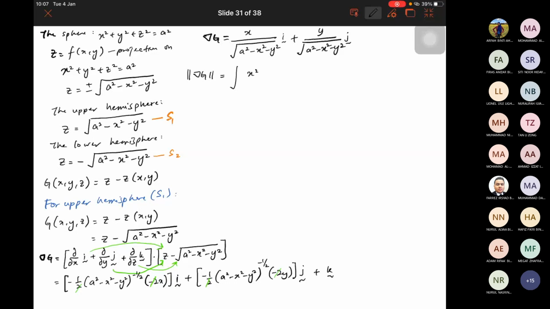So add 1, then cross multiply. If you settle this one, you get the square root of a squared over a squared minus x squared minus y squared.